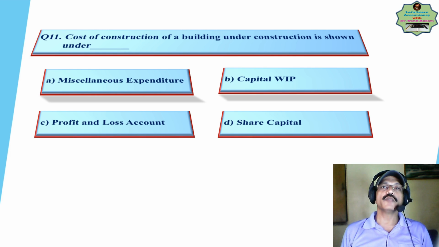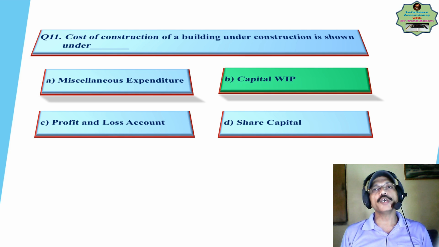We have learned in the format under the fixed asset, we have 4 sub items there. Fixed asset: tangible, intangible, fixed asset which is under construction, under work in progress, and intangible asset which is also not finished, also shown under intangible asset under construction, WIP. So the correct answer is capital WIP.